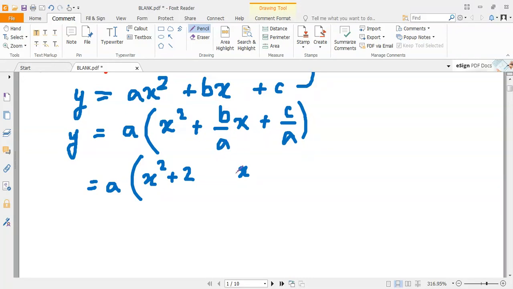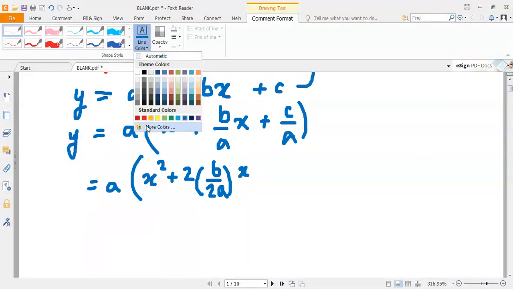Now I have b by a as the coefficient of x here, and I want to convert this b by a into 2 times something. The easiest conversion will be to take b by 2a inside the bracket, right? So 2 and 2 get cancelled and I'm left with b by a. This term over here gets converted to this term.